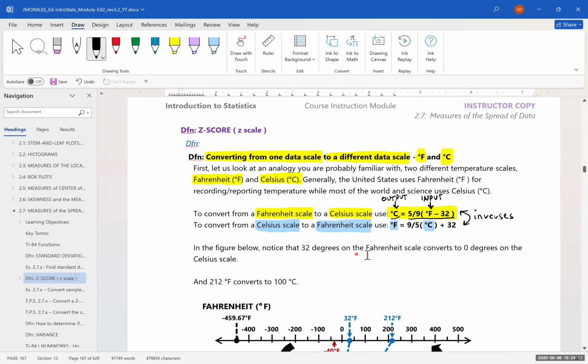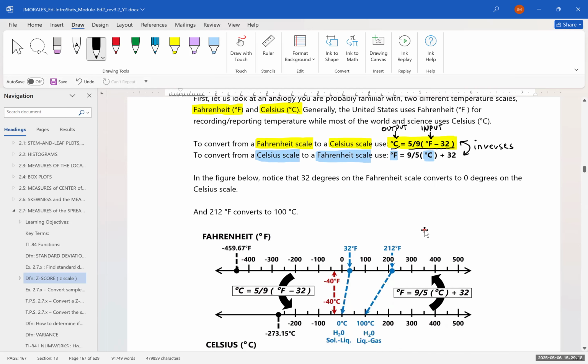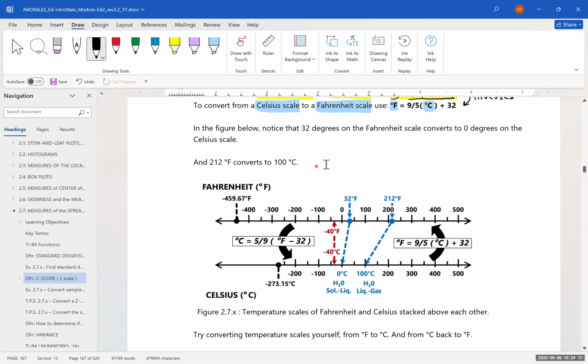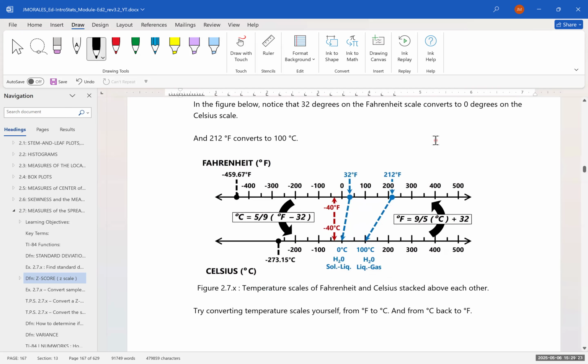Let me show you a visual of this representation here. Across the top, we've got the Fahrenheit scale on this number line. So we've got 0 degrees Fahrenheit and 100 degrees Fahrenheit and so on.